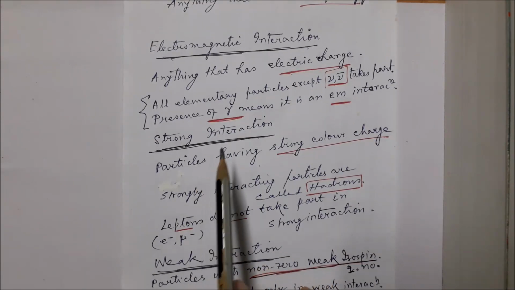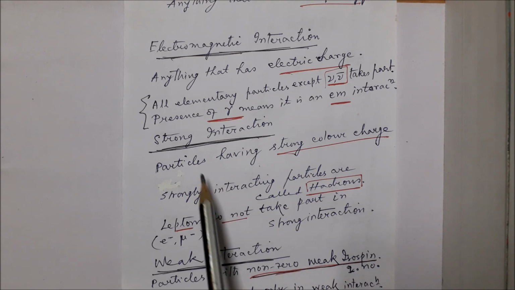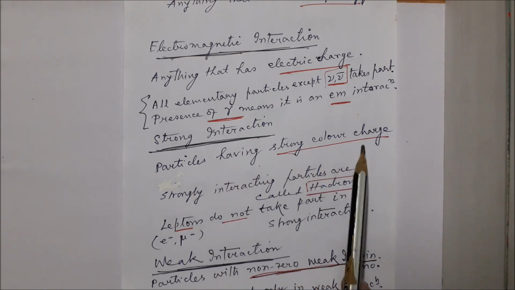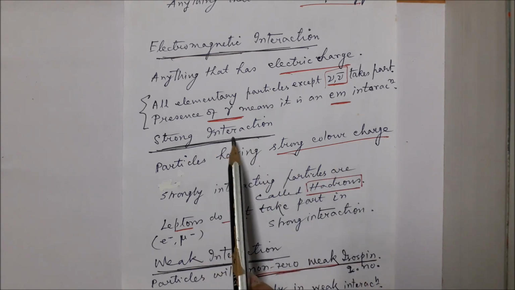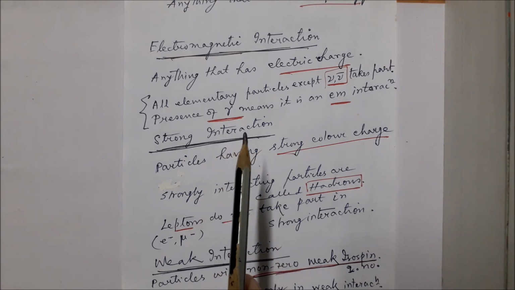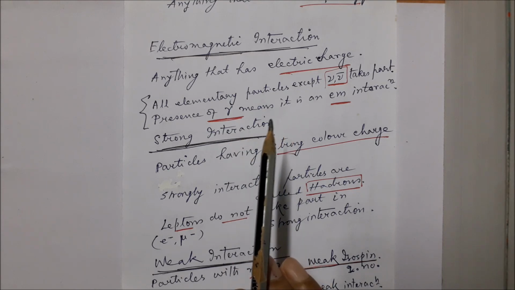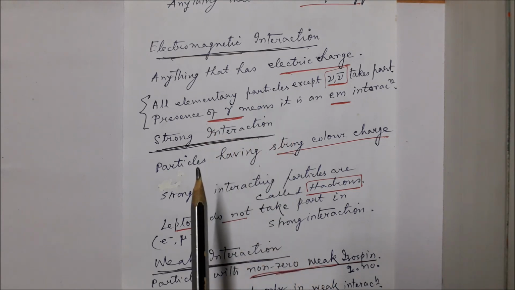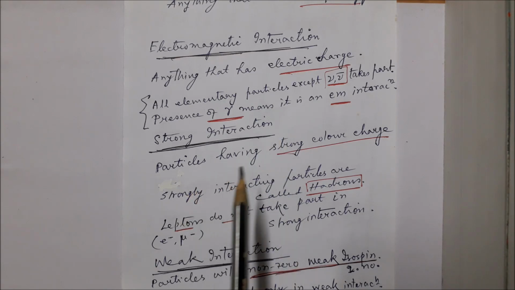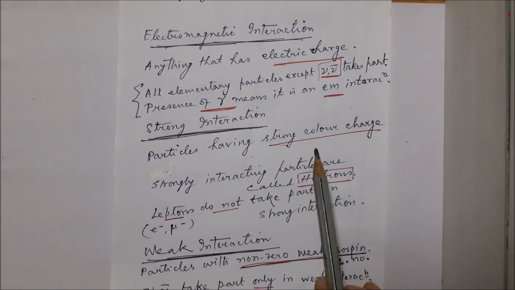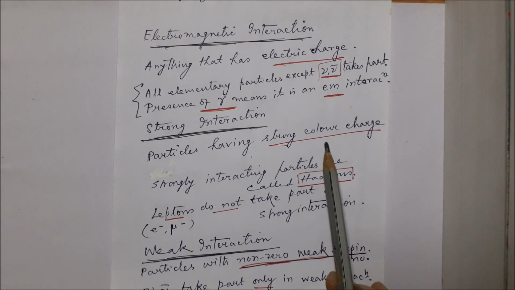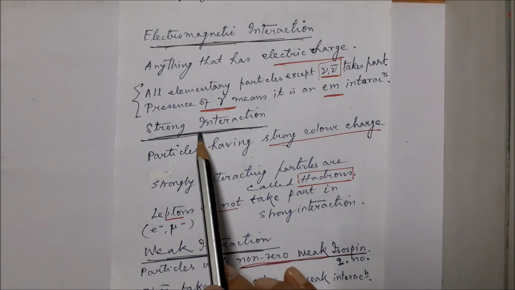Now let us come to strong interaction. Particles having strong color charge qualify for strong interaction. Just as electrons and protons have a very important intrinsic property called electric charge, similarly some particles, the quarks and the gluons, possess a property called color charge, which enables them to take part in strong interaction.